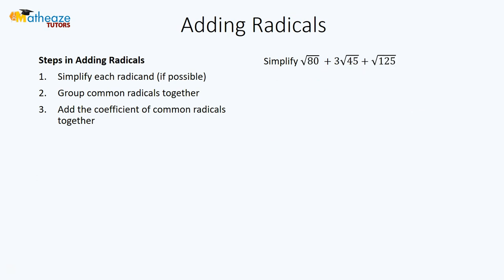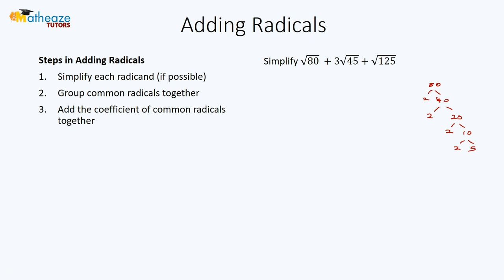We're going to do the same thing here, but we have to simplify each of these radicals. So look at 80. We have 2, 40, and then we decompose 40 to 2 and 20. 20 becomes 2 and 10, and 10 becomes 2 and 5.